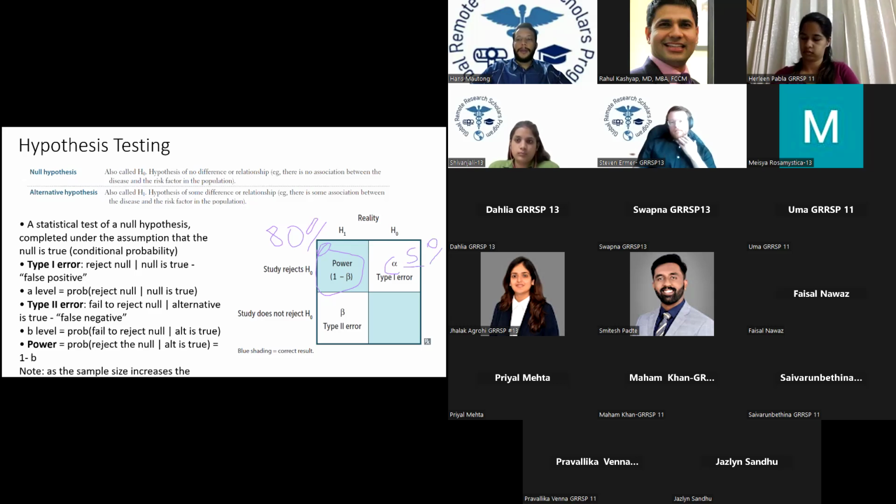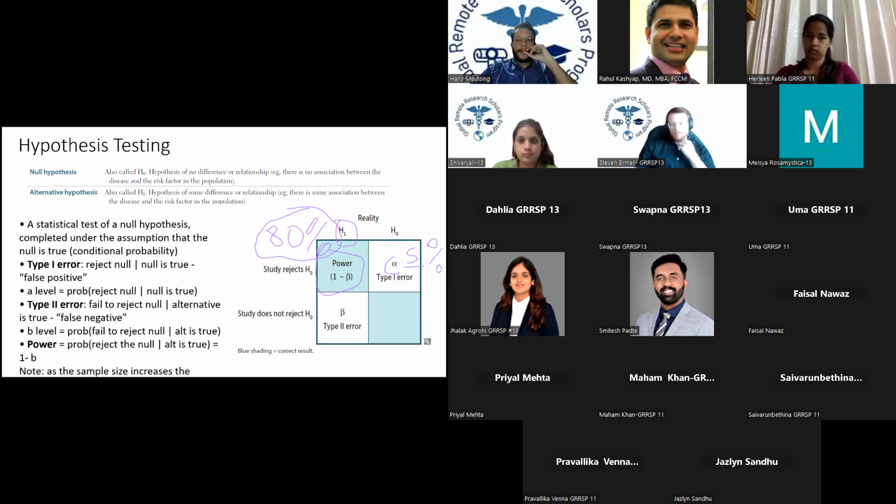Because you want your sample size to have a good chance, which is 80%, which is not bad, to capture that you reject the null when the alternative is true, which is the correct result.